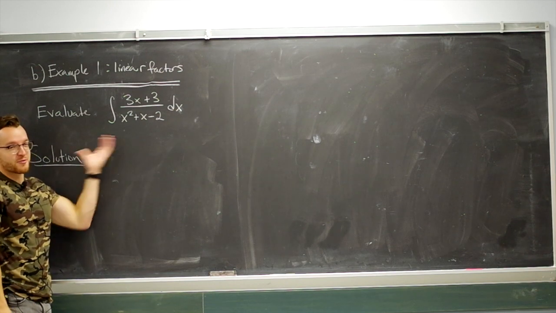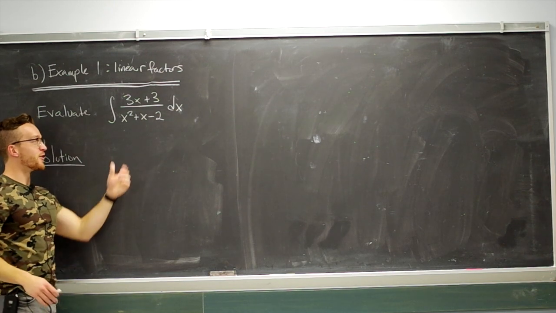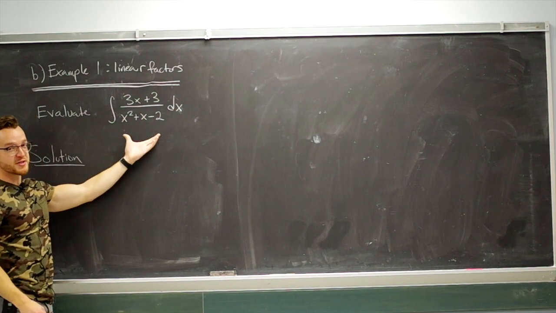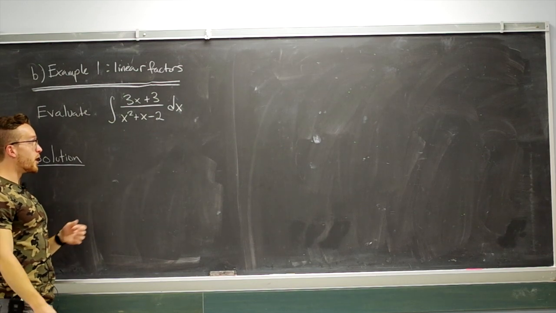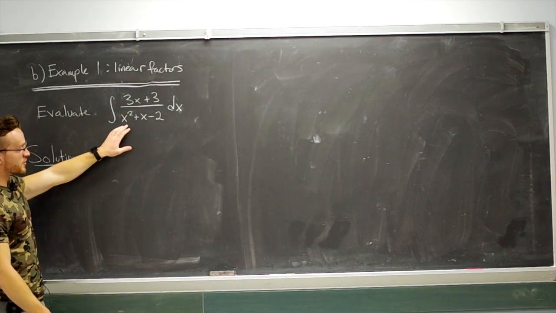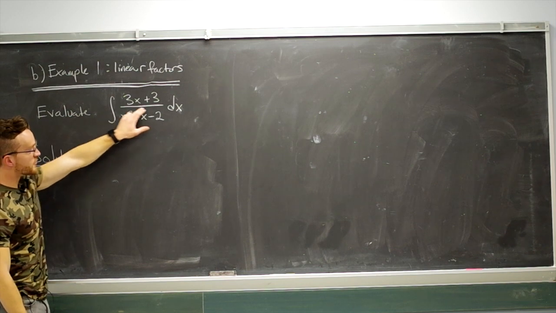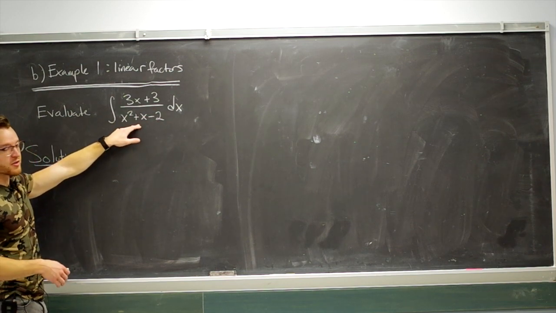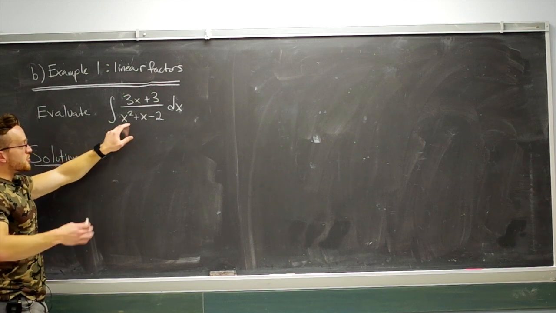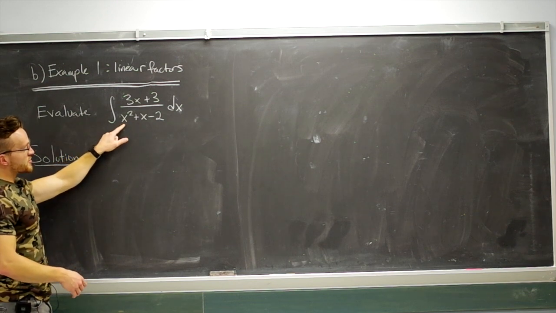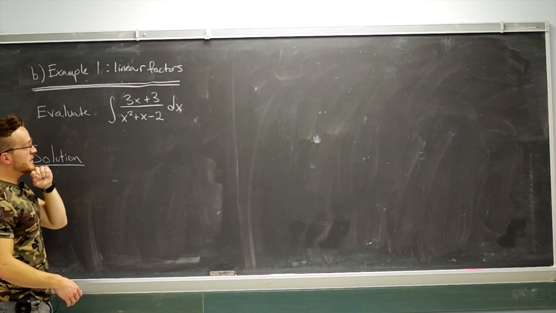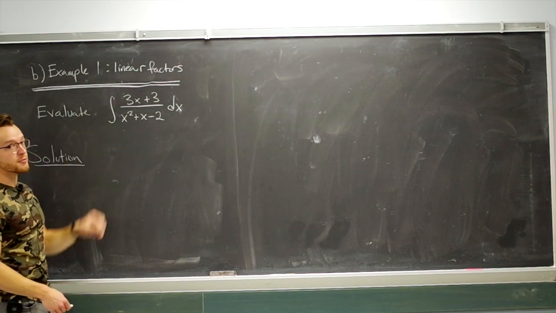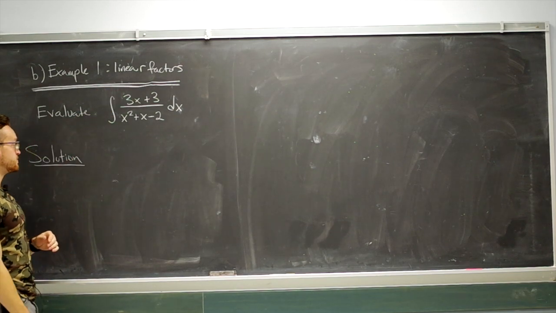And I wouldn't have written this example if we could, but just for fun, let's think, could we do a simple substitution? Well, if there was a simple substitution we could do, it would probably be to call the denominator u. If anything would work, that's the kind of thing we want to do. And you could try, but the du in that case would be 2x + 1, and that doesn't match up so well with the numerator, so it probably won't work very well.